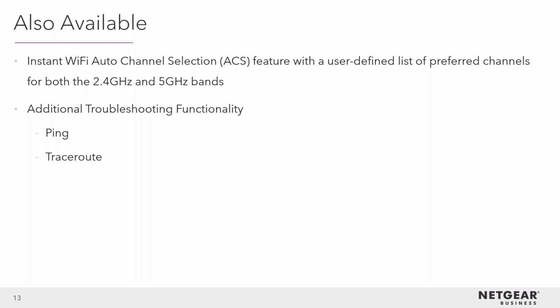Adding these 2 features to the troubleshooting module now provides comprehensive troubleshooting capabilities overall. The other feature that we've added, and this is to Instant Wi-Fi, which we already had in Insight, is the auto channel selection, or ACS, feature with a user defined list of preferred channels for both 2.4 gigahertz and 5 gigahertz.